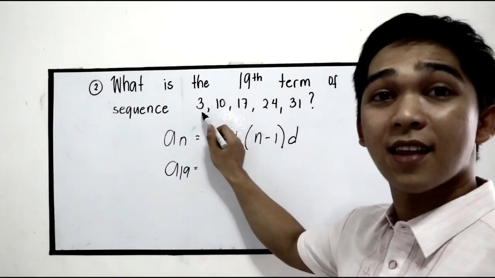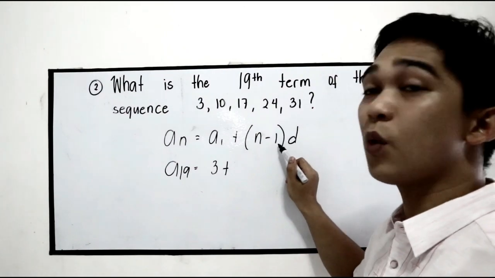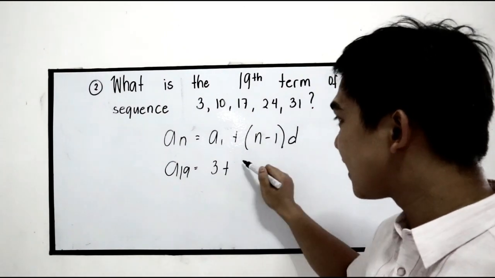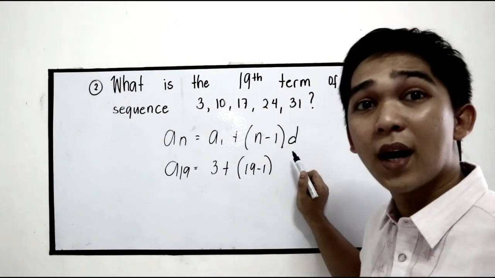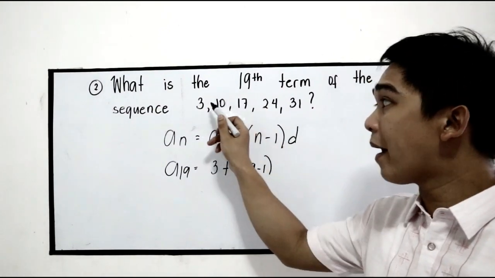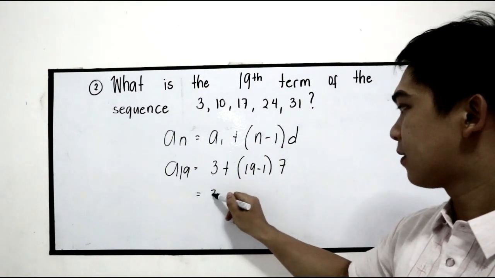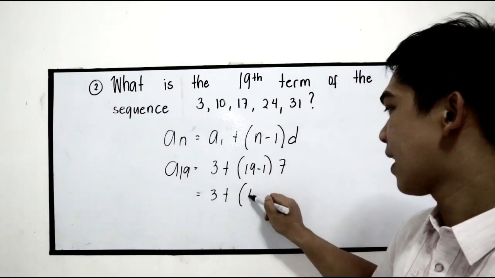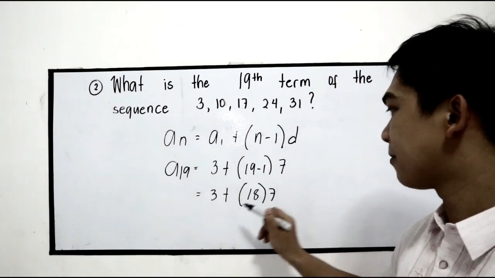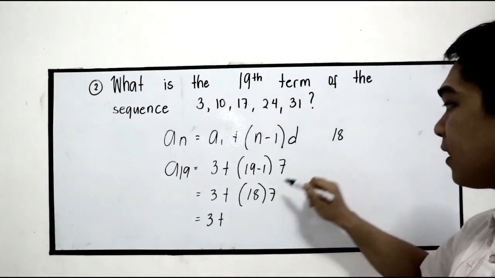So a1 is 3 plus n minus 1. Our n is 19 minus 1 times d. What is d? a2 minus a1, that is 7. 3 plus 19 minus 1, 18 times 7.